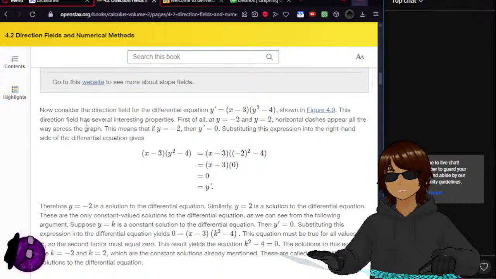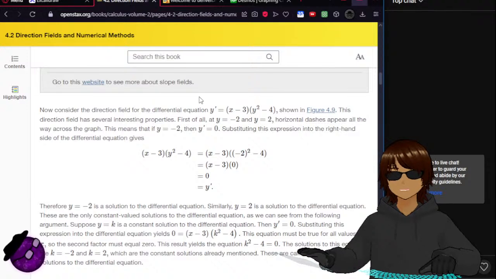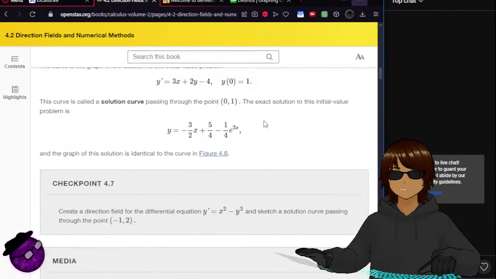Now consider the direction field of the differential equation derivative of y is equal to x minus 3, then y square minus 4, shown in figure 4.9.